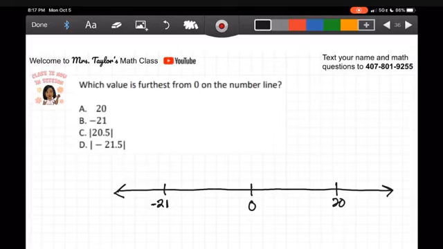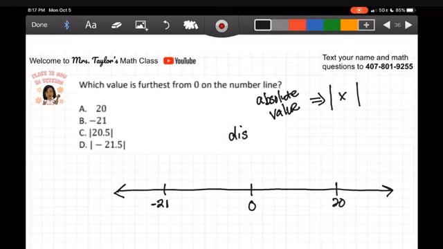Then it says 20.5. Now these bars here, when you see that, that means absolute value. So they just talk about the distance a number is away from 0. So let's write that down.